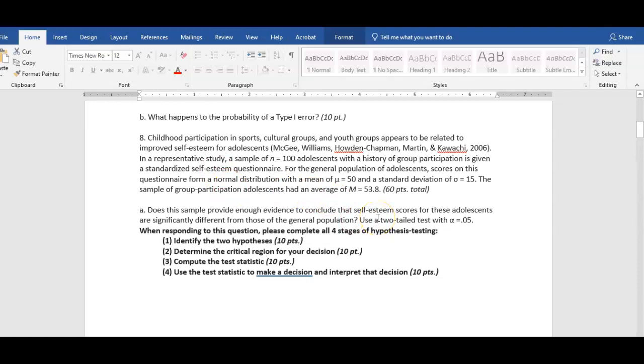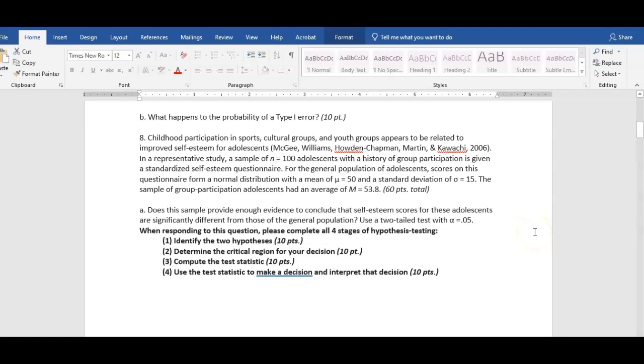We want to compare the results of their questionnaire to the general population of adolescents, who have a mean score of 50 on the test with a standard deviation of 15. Our sample had a mean score of 53.8. So that's the information given to us in the problem.